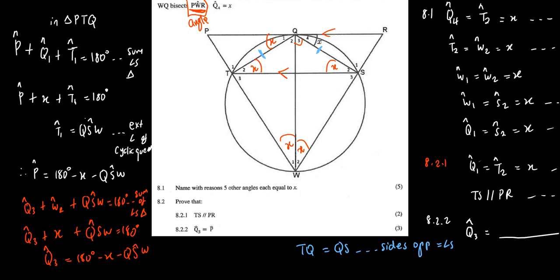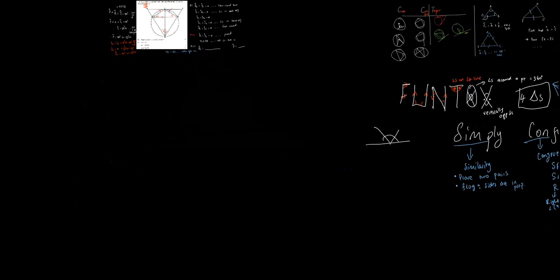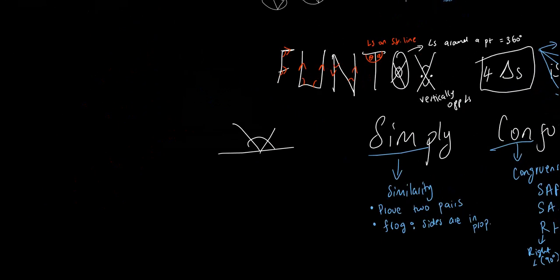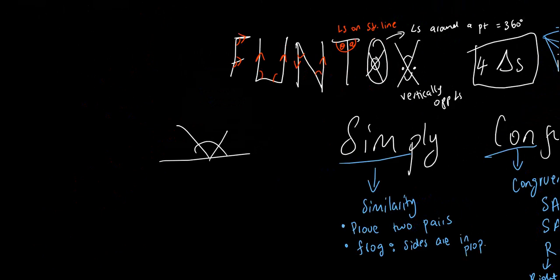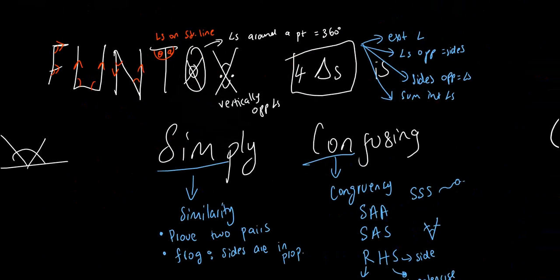Remember I told you that there's this part I liked about that acronym, Fun Talks. It said here, Fun Talks, and then it said 4 triangles are simply confusing. Now, the key is actually on the triangles.